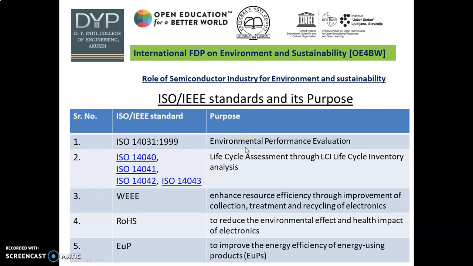This EPE process will facilitate management decisions regarding an organization's environmental performance by selecting the indicators, collecting and analyzing the data, assessing information against environmental performance criteria, reporting and communicating, and periodically reviewing and improving this process.